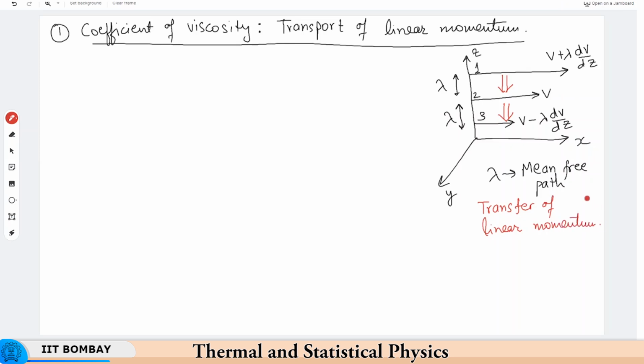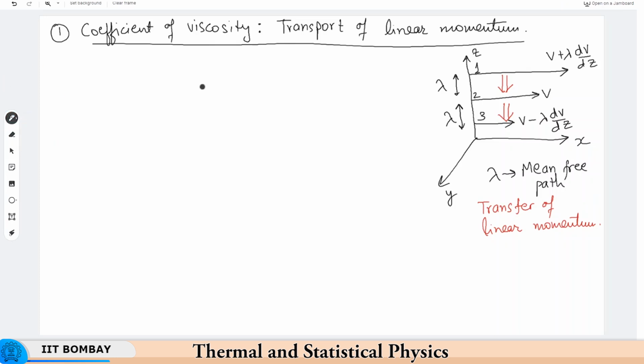right. Because say you drive the system, it will tend to achieve another equilibrium state where the velocities are again evenly distributed, and that will only happen when there is a net transport of linear momentum along the z axis, right. Okay. So, basically maybe I can write a few things.